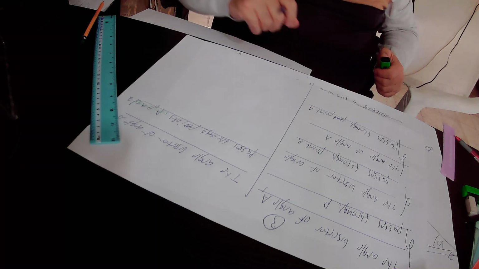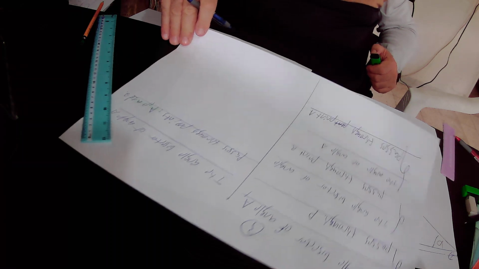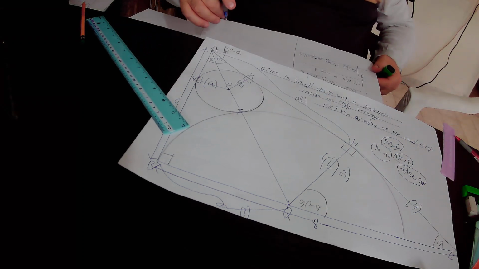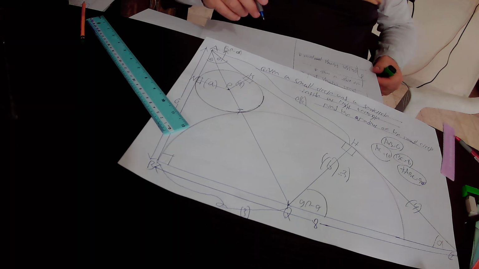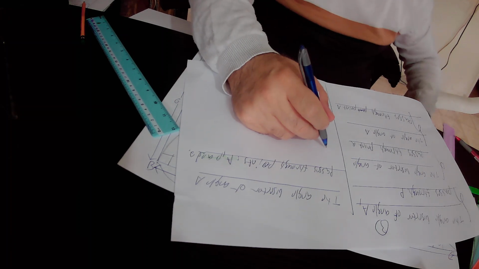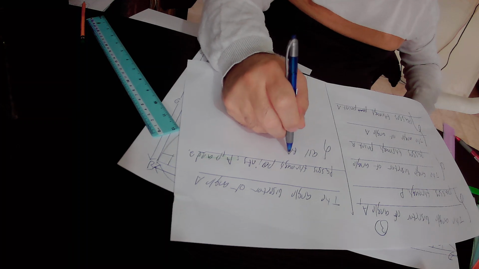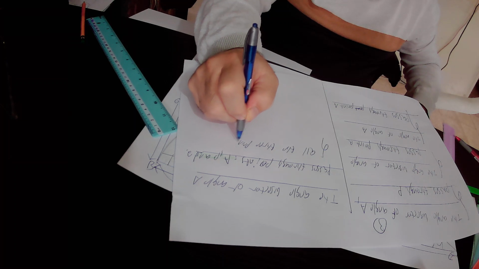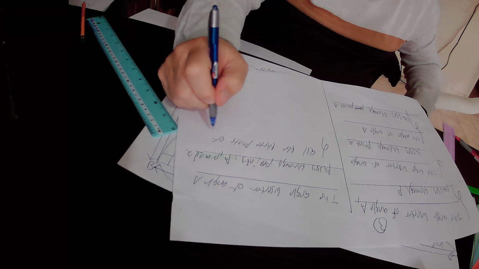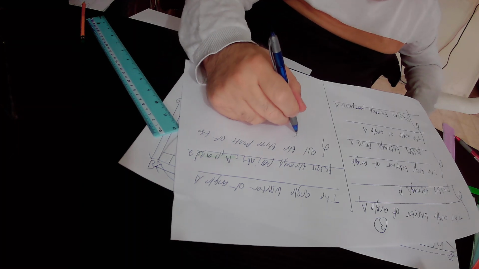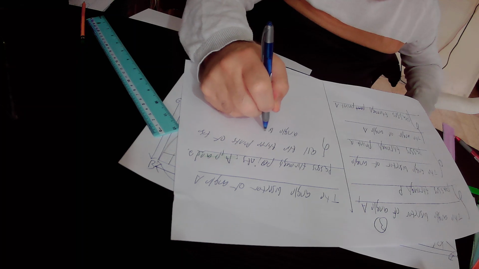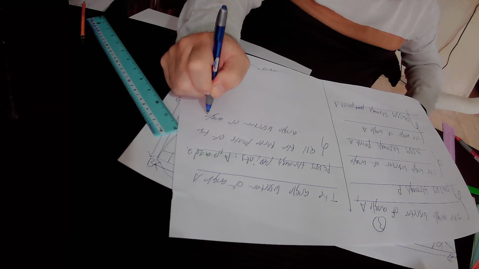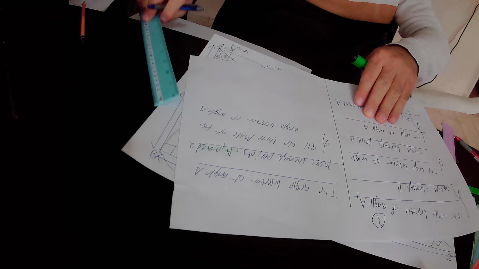And therefore, all the 3 points A, P, and Q of the angle bisector of angle A are located on the same straight line.